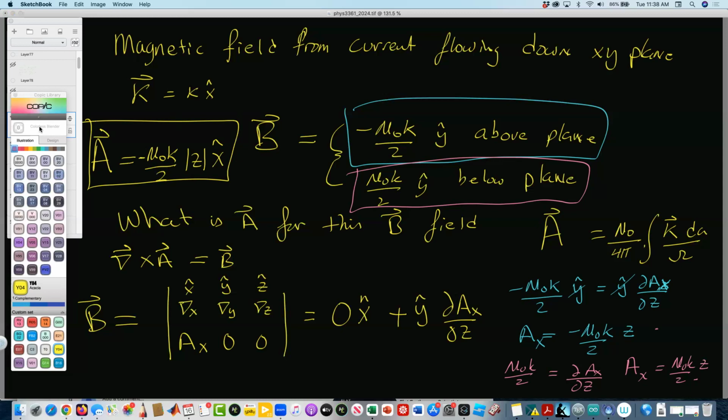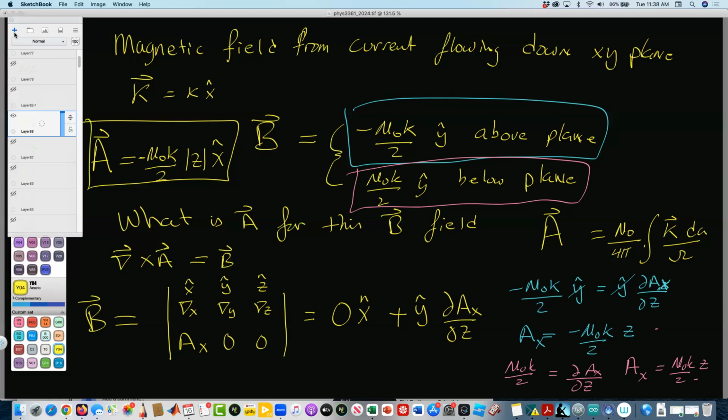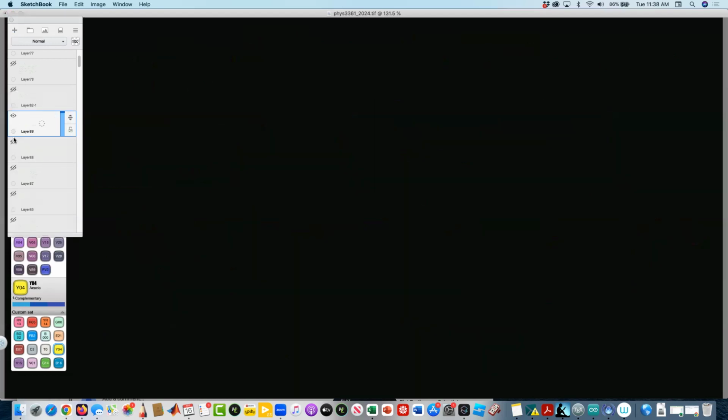So just like we had electrostatic boundary conditions, we have magnetostatic boundary conditions. Okay, so let's look at E. Recall that E was discontinuous at a surface charge.